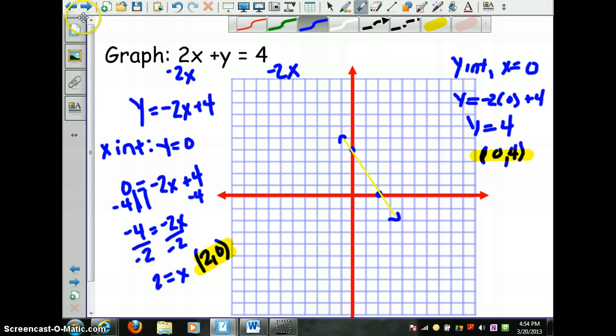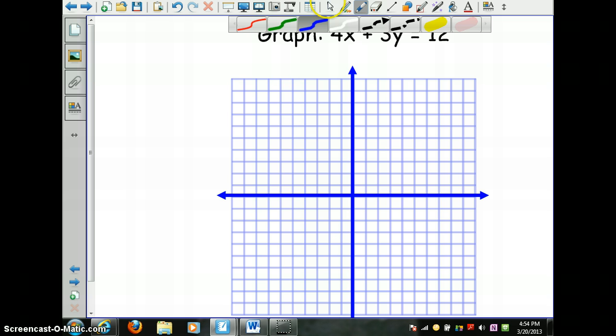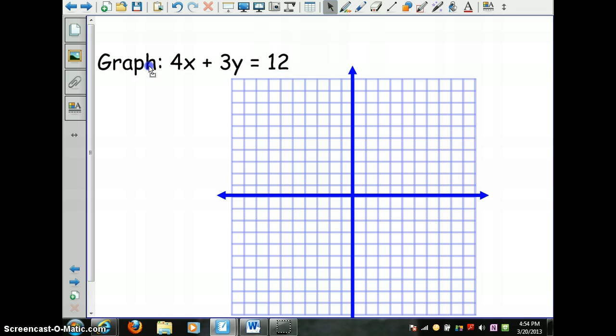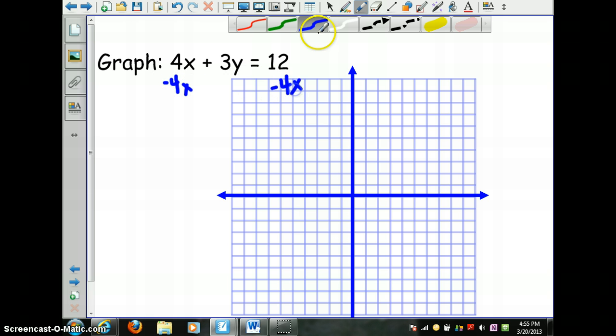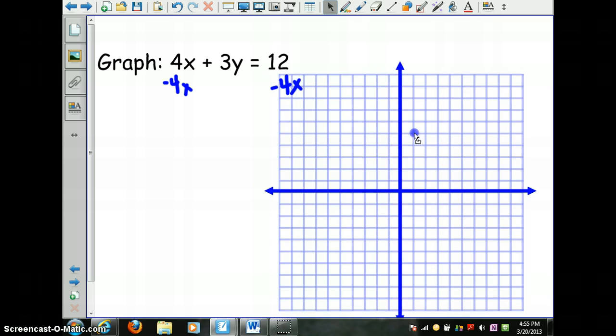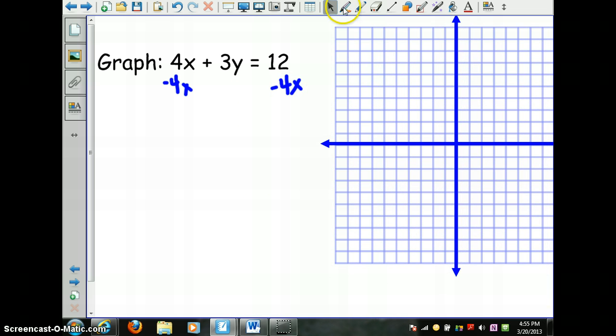I want to show you one more example where we have coefficients on x and y. Okay, this one's a little bit more difficult. Again, you got to get y by itself. So we subtract 4x from both sides. I'm going to actually move this graph over here.